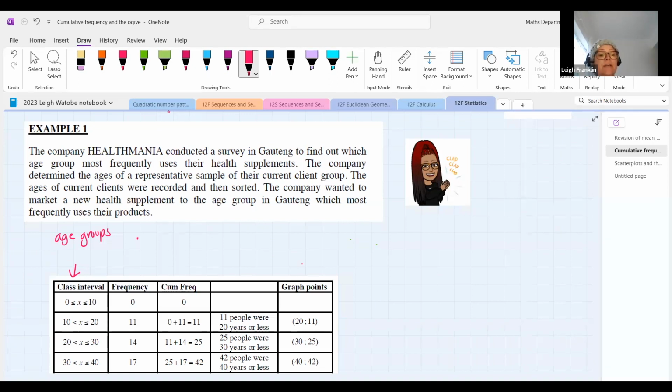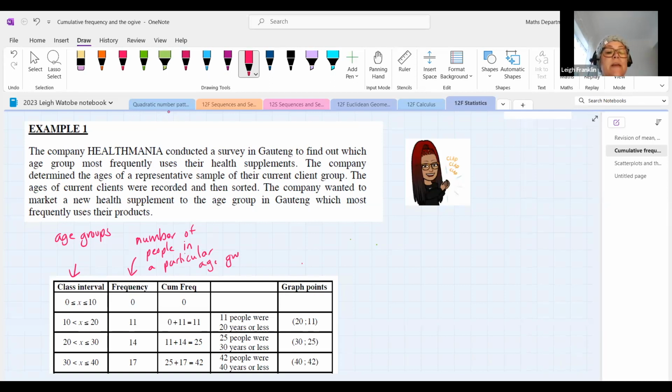Then 10 to 20, there were 11 people between the age of 10 and 20 that use a Health Mania supplement. There are 14 people that use a health supplement between the age of 20 and 30. So frequency tells us the number of people in a particular age group.